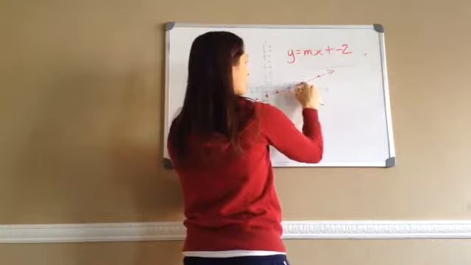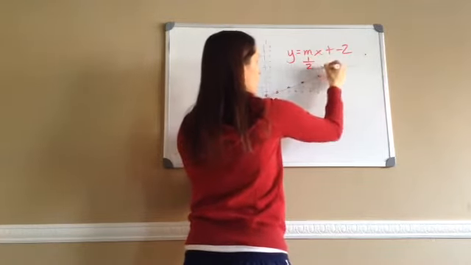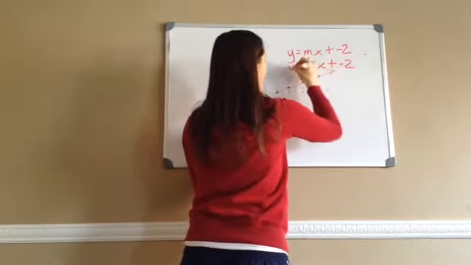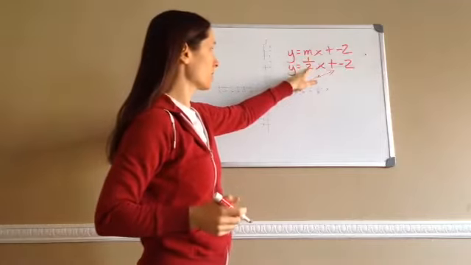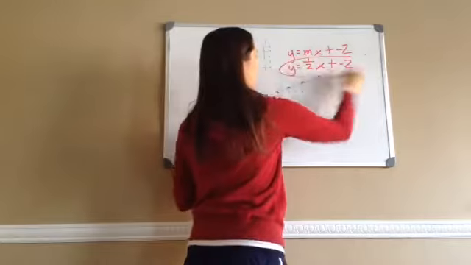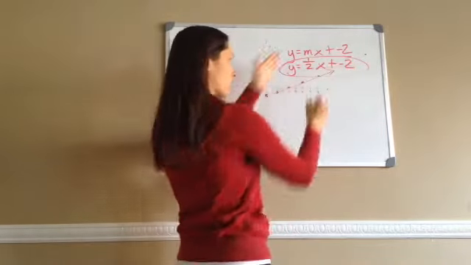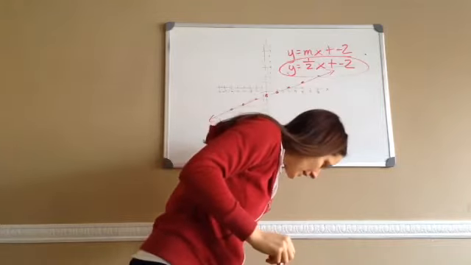My rise was a 1, my run was a 2. So y equals 1/2 x plus negative 2. Rise and run, where it crosses or intersects. That is my answer for what is this line in slope-intercept form. That's the answer. Hopefully this is making sense.